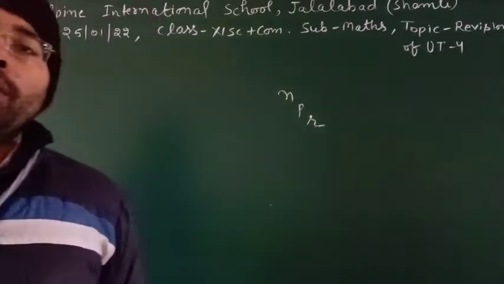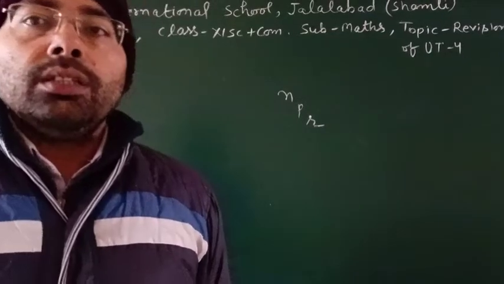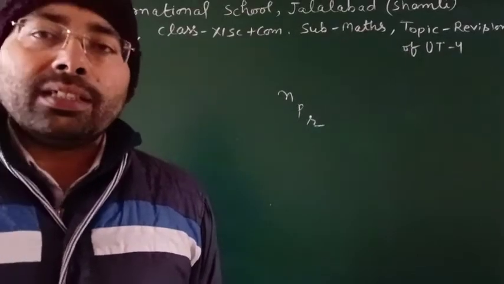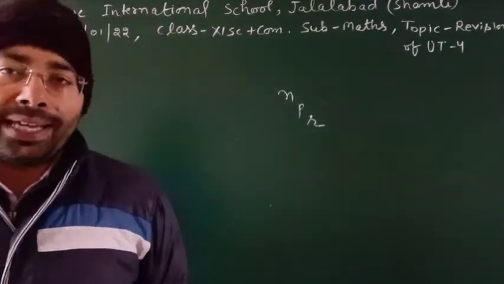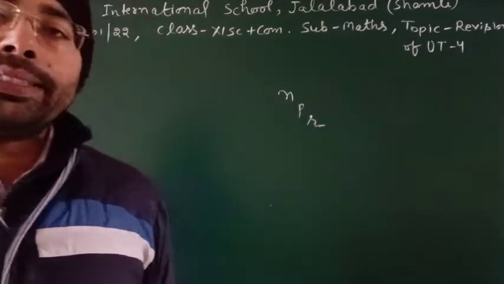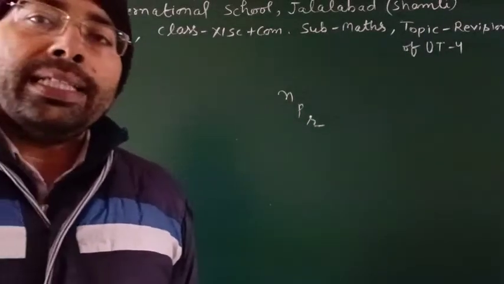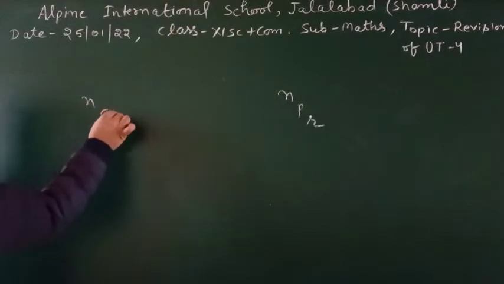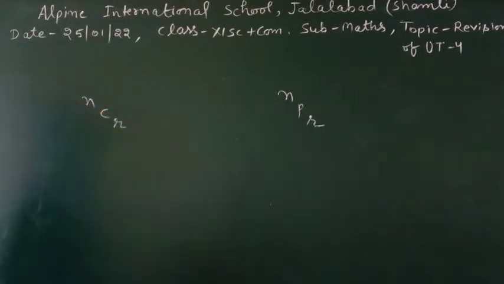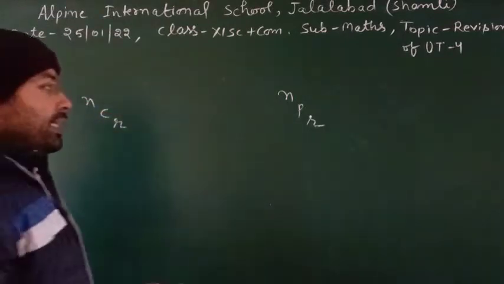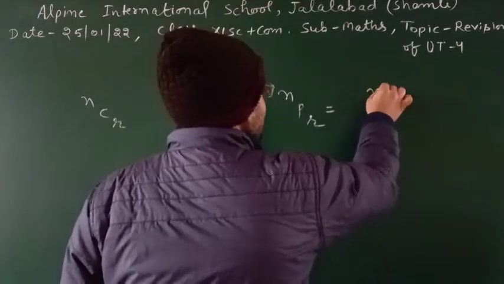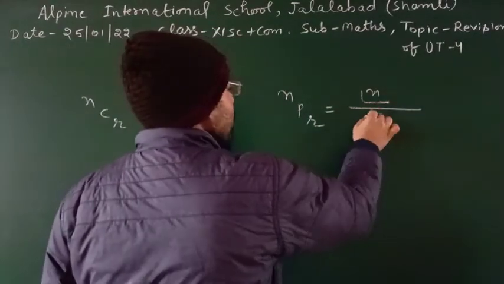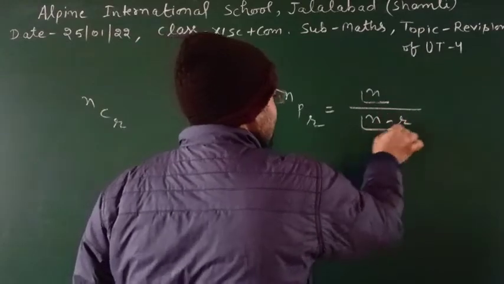But whenever we talk about the combination, suppose we are selecting r objects out of n objects, then combination refers to nCr, and nCr is represented in this way. And the formula of these two is factorial n upon factorial n minus r.